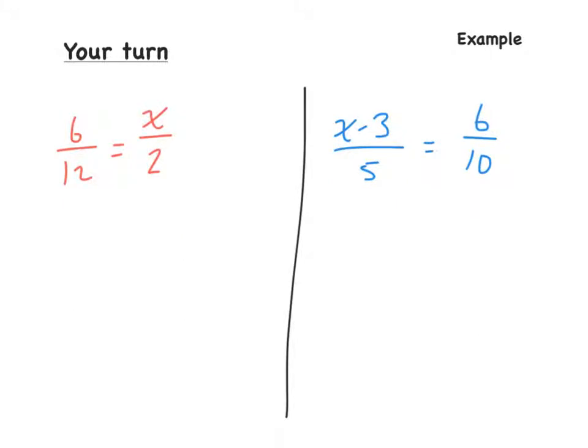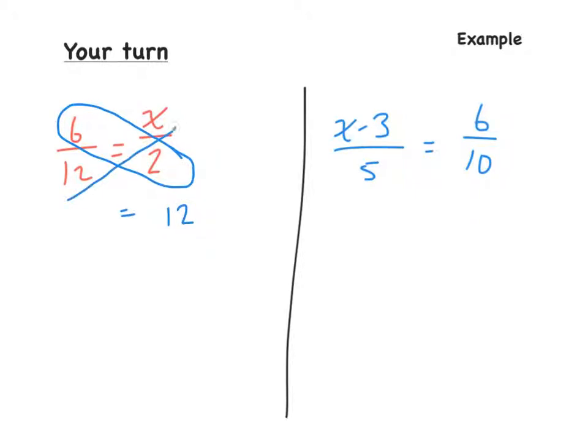Pause the video, unpause the video when you're ready to see what I have done. Alright, so the first one. We have 6 divided by 12 is equal to x divided by 2. So in this case, we do 6 times 2 is equal to 12. Bring down the equal sign.